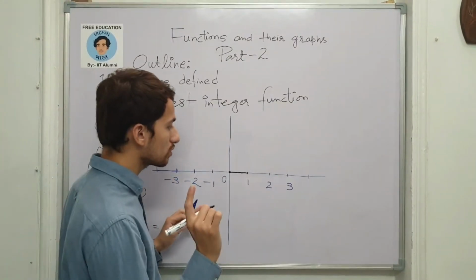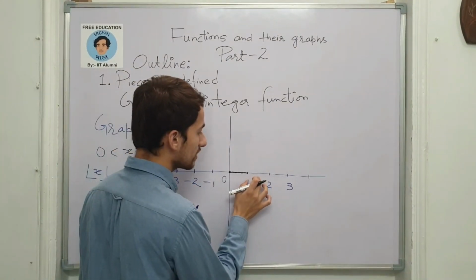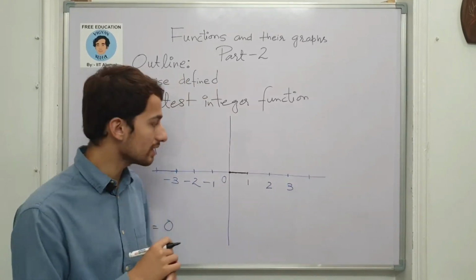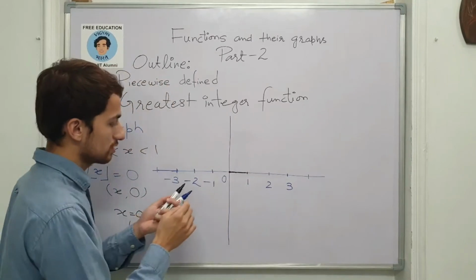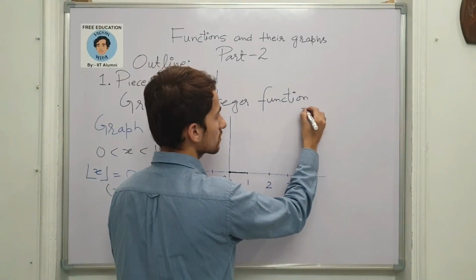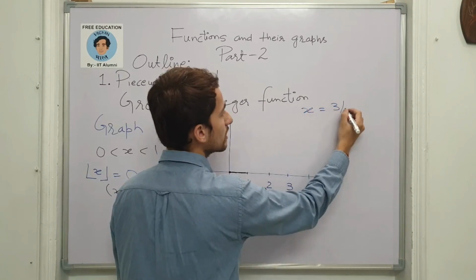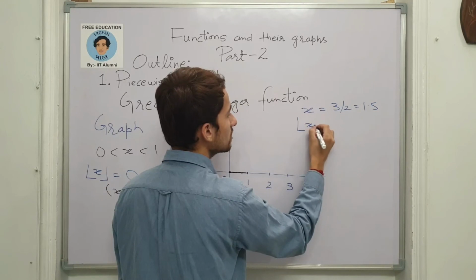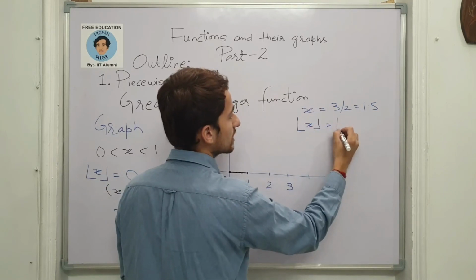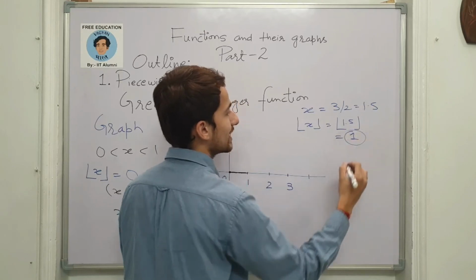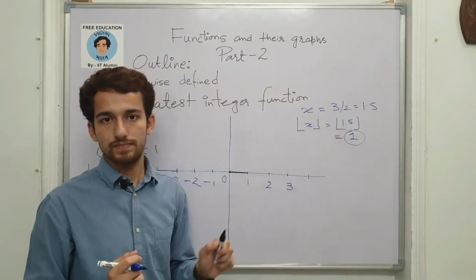But now if I try to observe something, if I choose any value greater than 1, suppose let's choose x equals 3 by 2, that is 1.5 in decimals. So the greatest integer of x is the greatest integer of 1.5. Answer is 1, the integer less than the input.